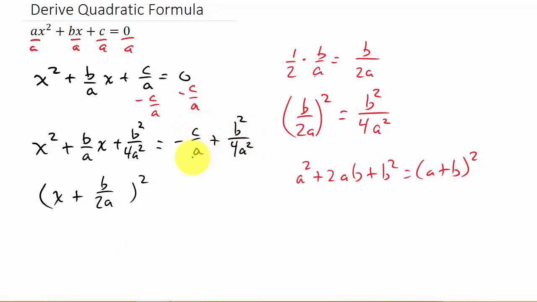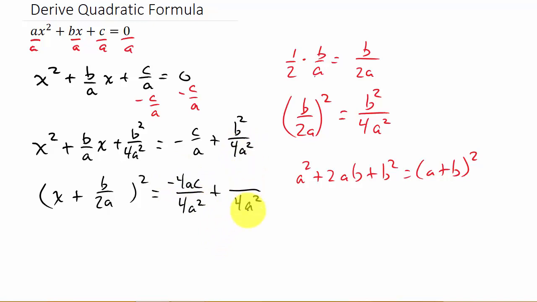Okay, now we need to combine this. So I'm going to get a common denominator of 4a squared. For this denominator, I need to multiply by 4a to get the common denominator. So 4a times c is minus 4ac.